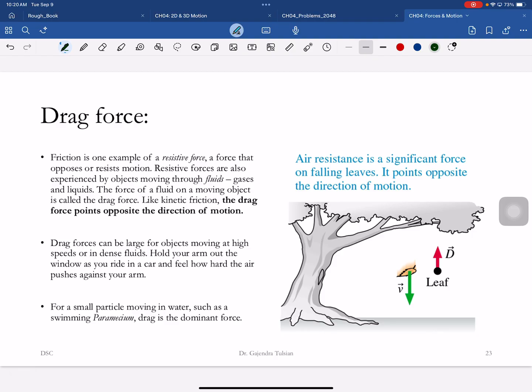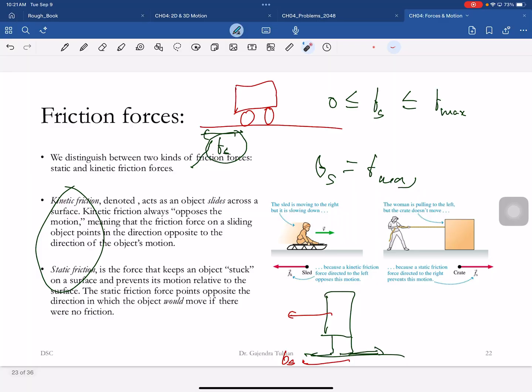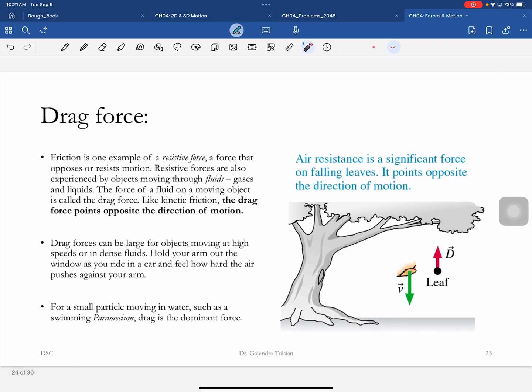Now we'll talk about drag forces. A drag force is also a friction force, just a specialized term. We talk about friction when two solid surfaces are in contact. When an object is moving through a fluid like air or liquid, that's called a drag force.